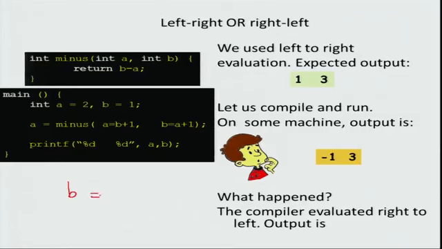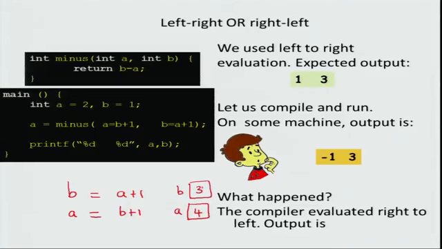So, b gets the value 2 plus 1, 3, and then you will execute a equal to b plus 1. b is now 3. So, a gets the value 4.